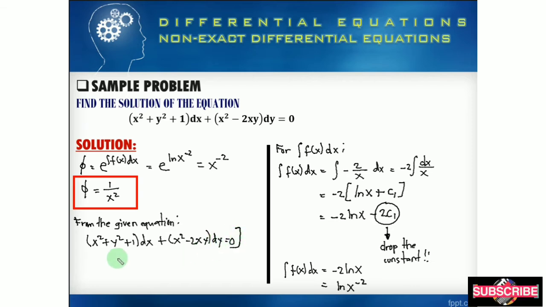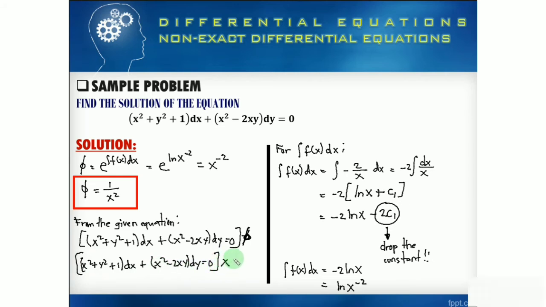So we are going to multiply this one with the integrating factor. Okay, we are going to multiply this one with our phi. Okay, so we have here then this x squared plus y squared plus 1, and then we have dx plus this x squared minus 2xy dy is equal to 0 times our integrating factor of x raised to the negative 2, or this 1 over x squared.